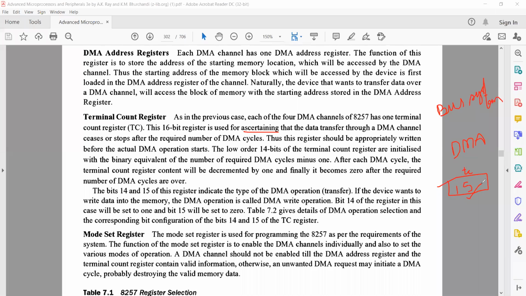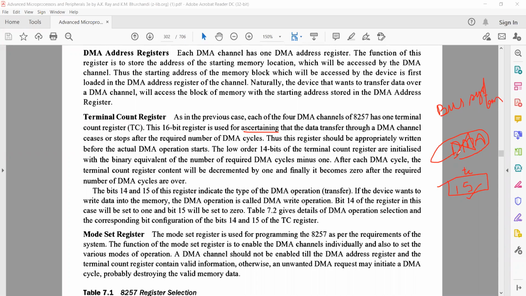After 15 timing cycles, the DMA operation will be stopped, and the DMA controller will not have any authority on the bus system. That means the bus system will be under the control of the microprocessor.